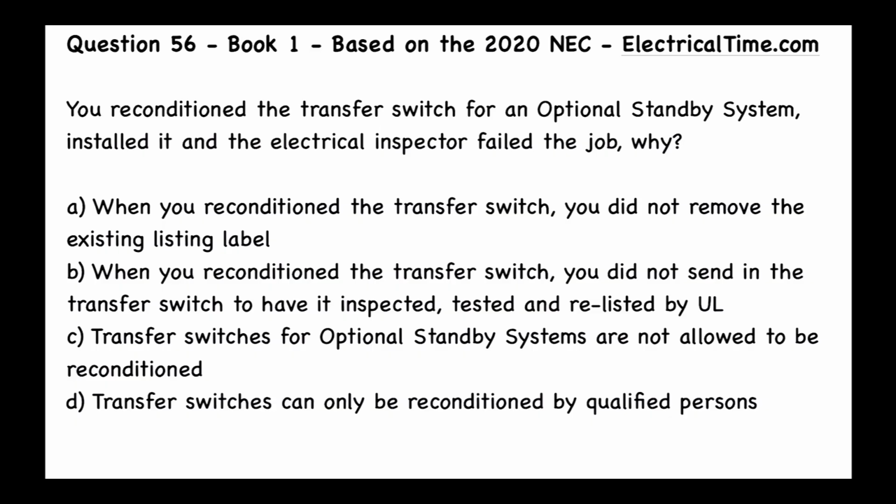And the answer to this question is C. Transfer switches for optional standby systems are not allowed to be reconditioned. So the first question we ask ourselves: what article are we talking about here?